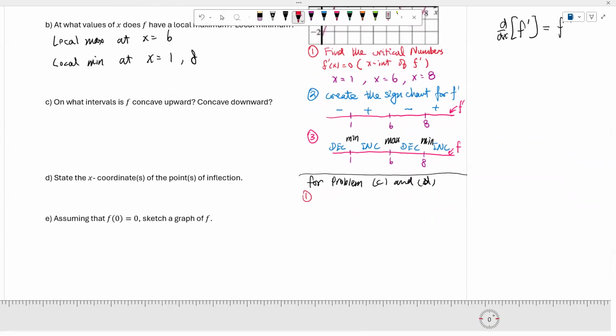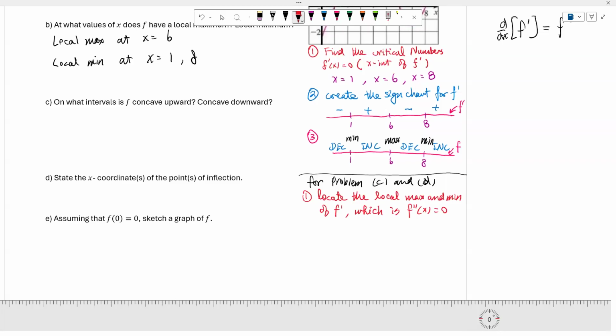First, I would like to locate the local maximum and minimum of f prime, which is f double prime of x equal to 0 then.